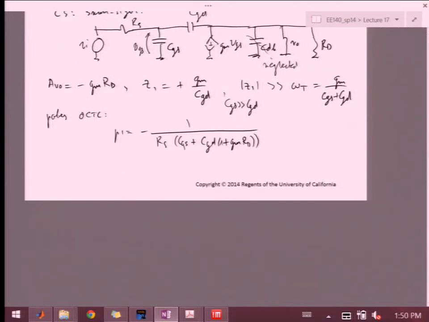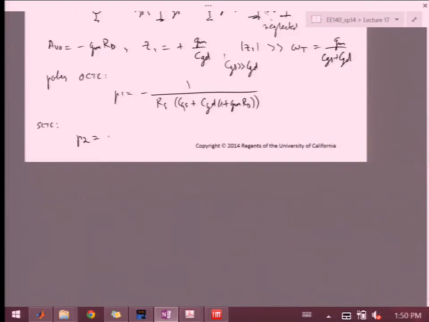And if you did short circuit time constants, because this was a two-pole system, then you would get P2, which, I'll just write it up as a reminder, is plus 1 over CGS, and then a whole bunch of factors, 1 over RS plus 1 over RD plus gm.